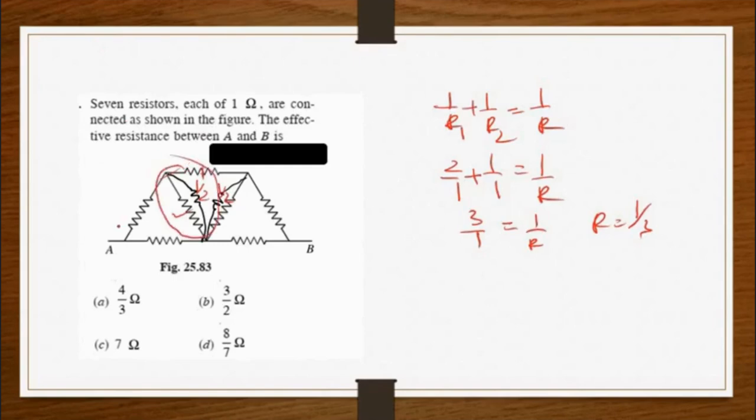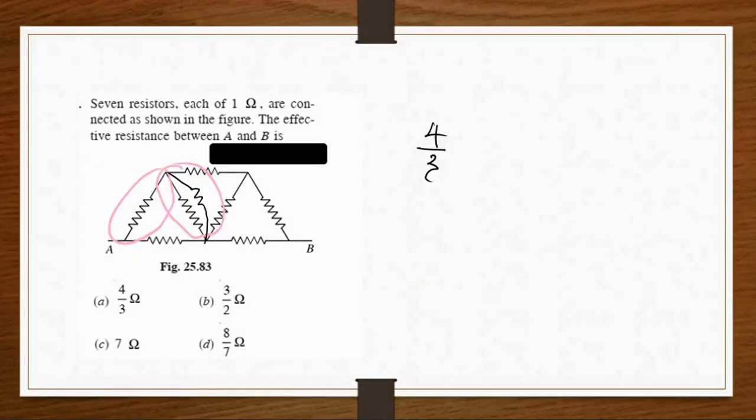Then I can say this particular resistor and the added resistor are in series. So I can directly add them. So 1 plus 1 over 3 becomes 4 over 3. That's the total resistance of this part, right? Now we have the total resistance of this part, that is 4 over 3.